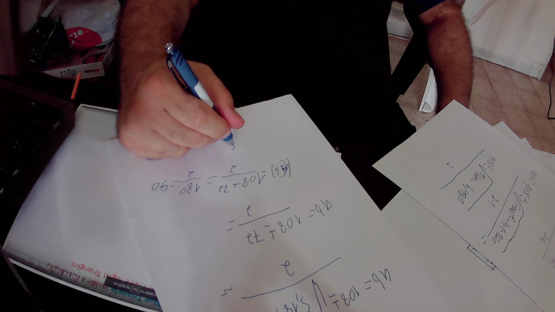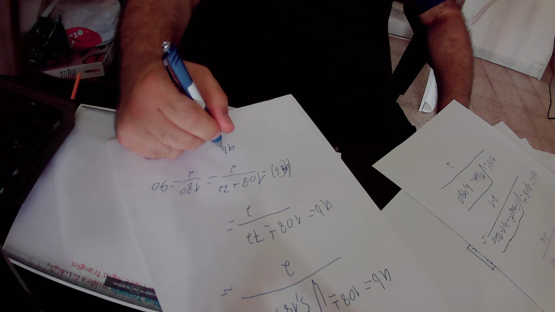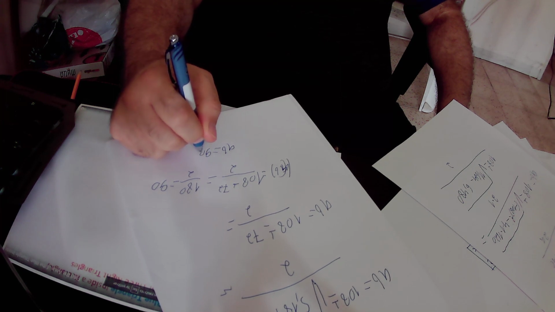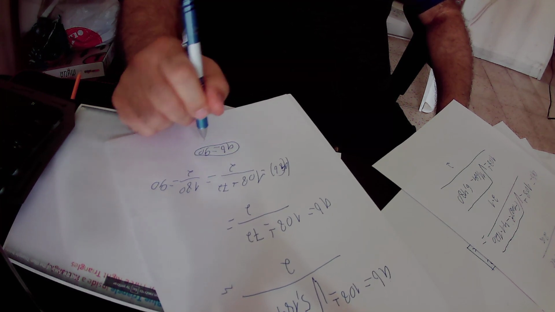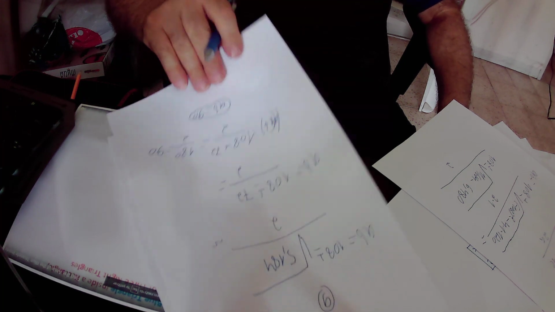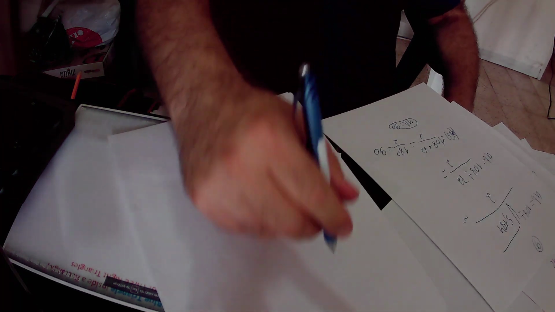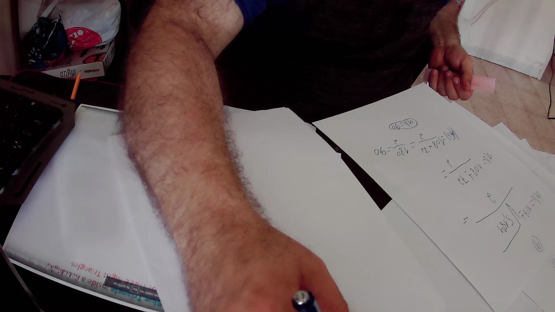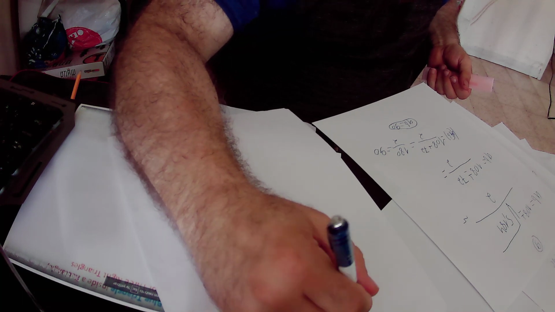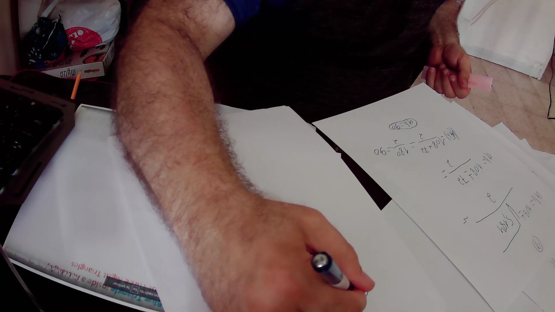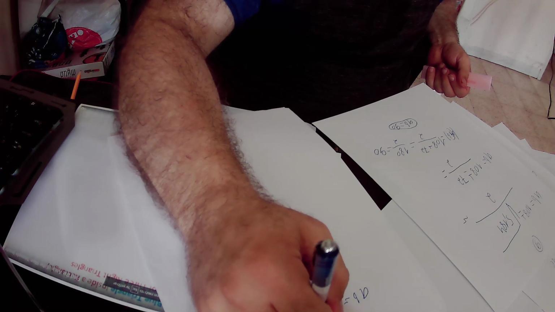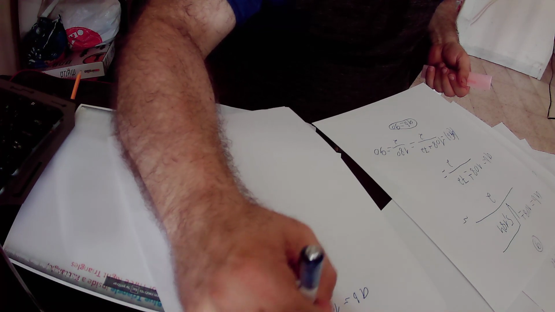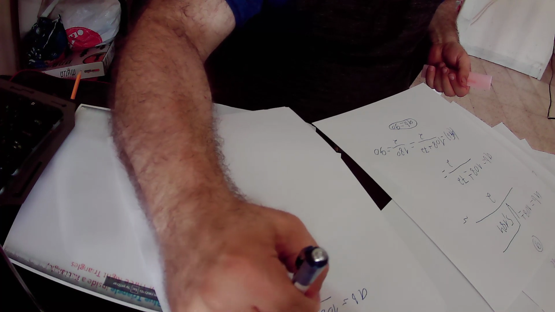So the first answer is that AB equals 90, but we also have the second answer, which will be 108 minus 72 all divided by 2.